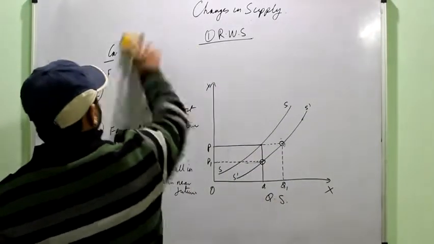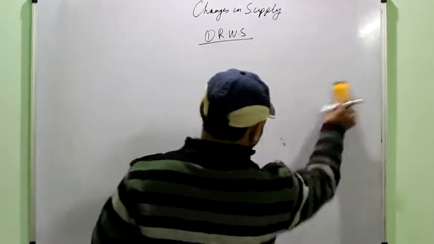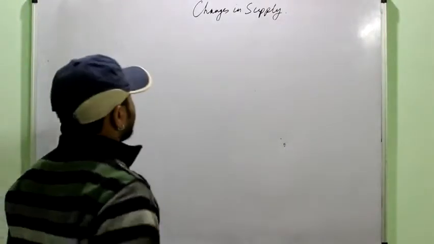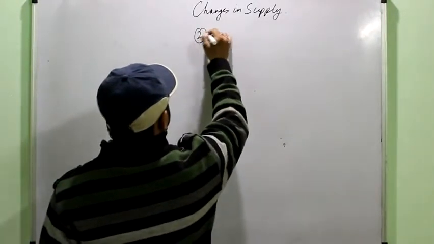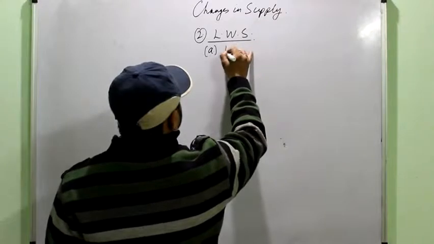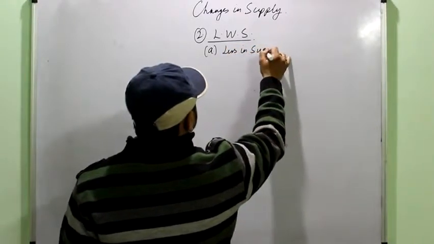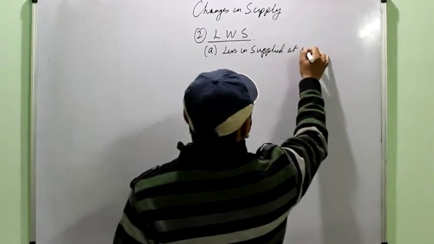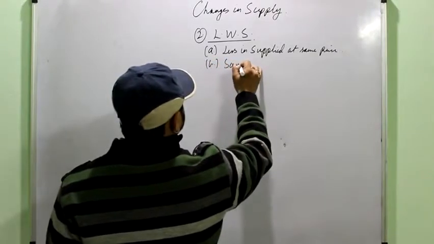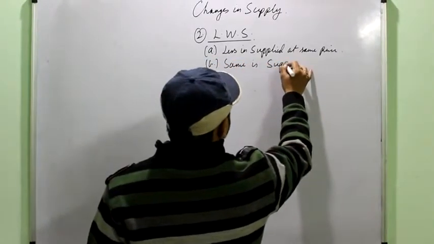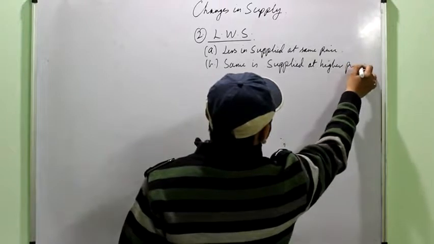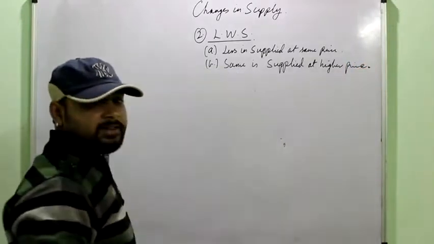Now we will talk about the next concept, that is the leftward shift in supply curve. Again, it can be defined as when less is supplied at the same price or the same is supplied at a higher price.